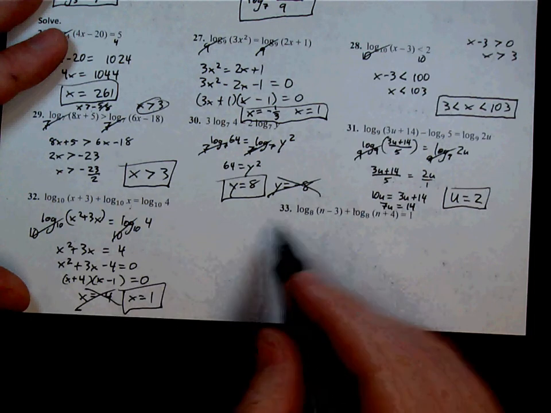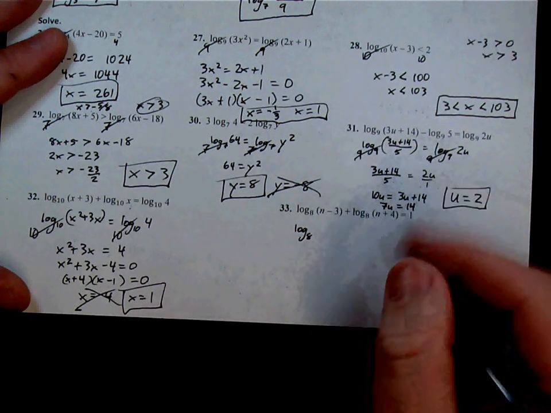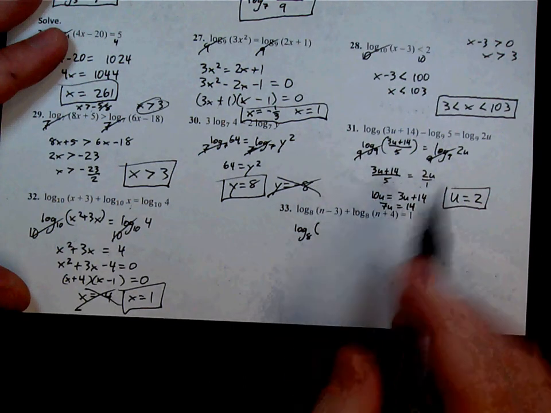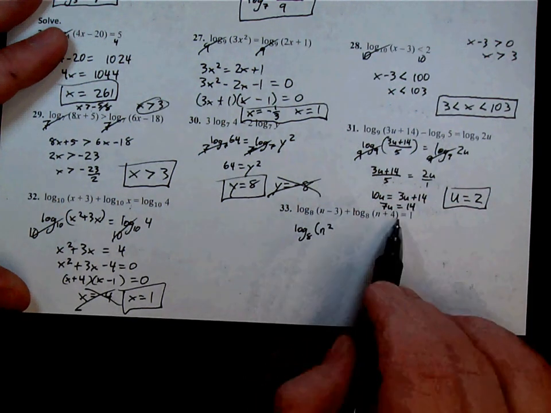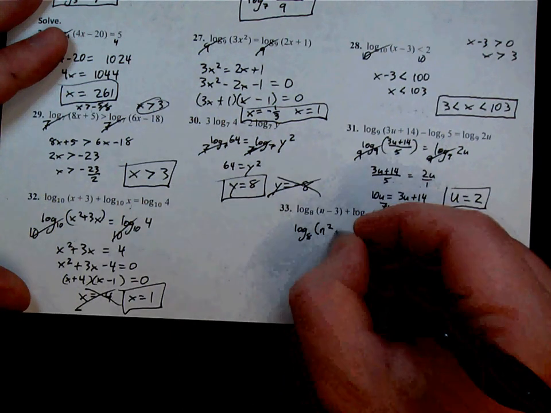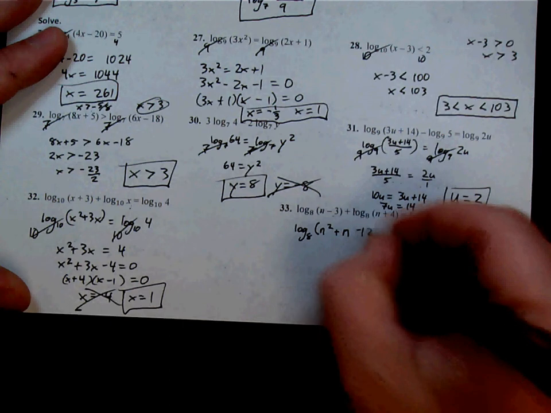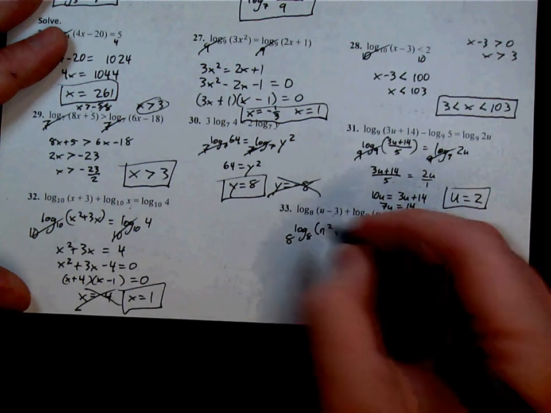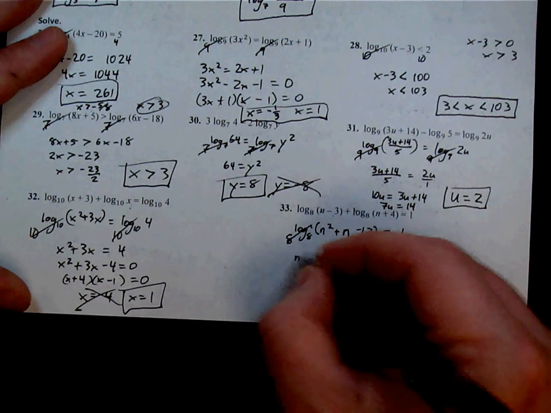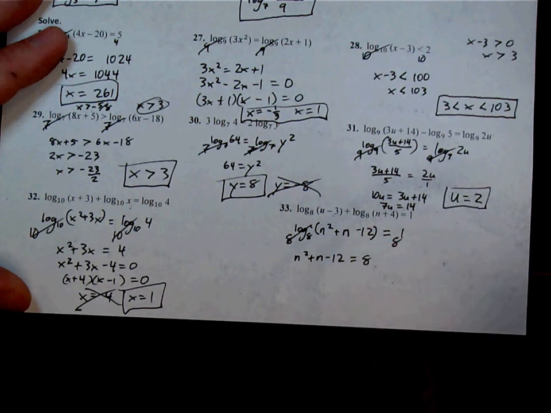Last problem, we've got to condense those first two logs together. So distribute or FOIL that: n times n is n squared. I'll have a 4n and then a negative 3n, and that's going to combine together to make a positive 1n. Then negative 3 times 4 is negative 12. Now I can exponentiate. So n squared plus n minus 12 is equal to, over here I have 8 to the first power, which is 8.